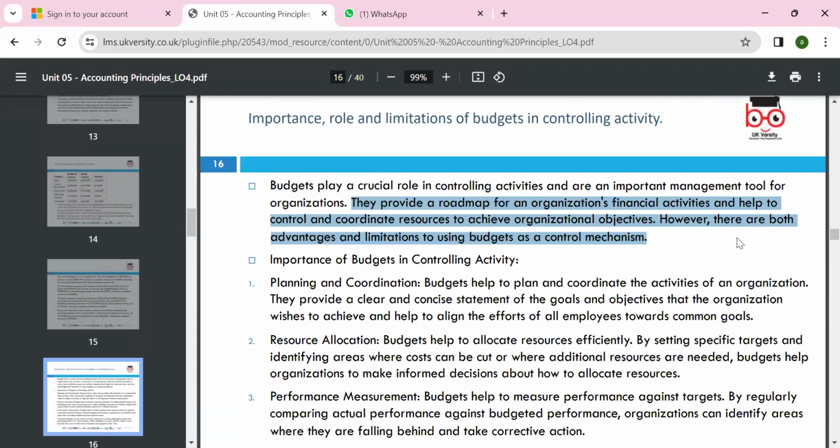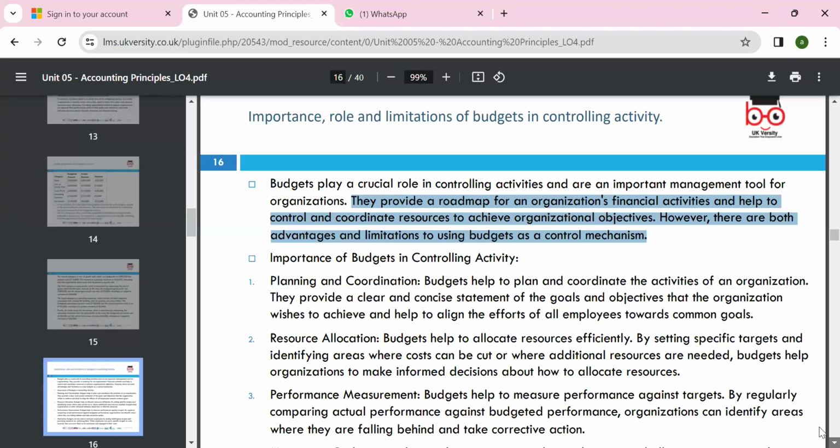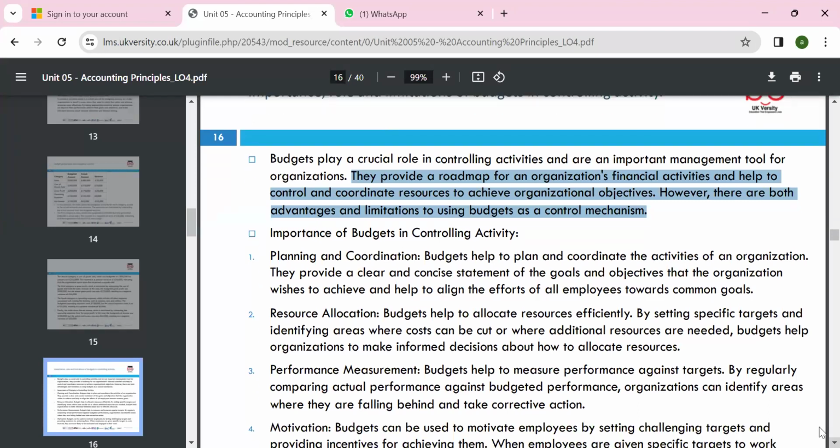Planning and controlling activities help. We need to be more focused on planning. We need to find a new supplier to reduce the cost of sales. We need to increase sales by advertising or giving more incentives. That is how we can take corrective action and ultimately achieve the common goals.